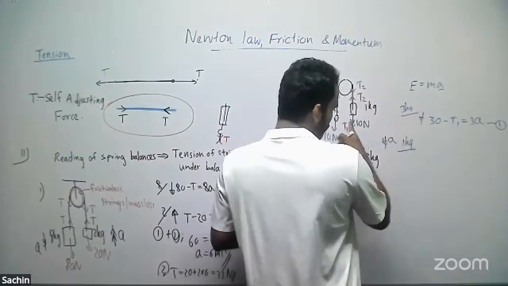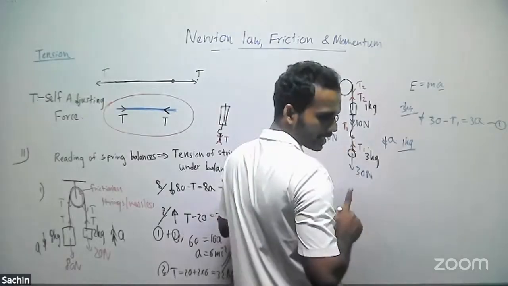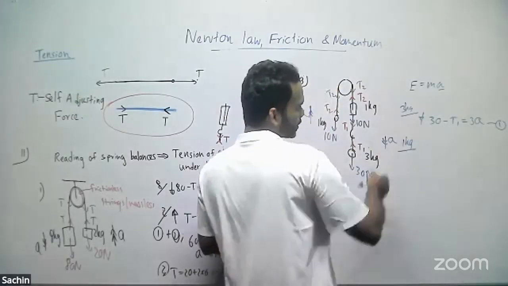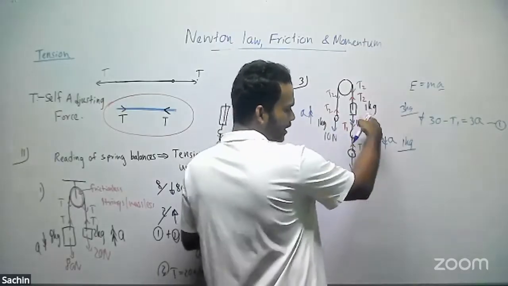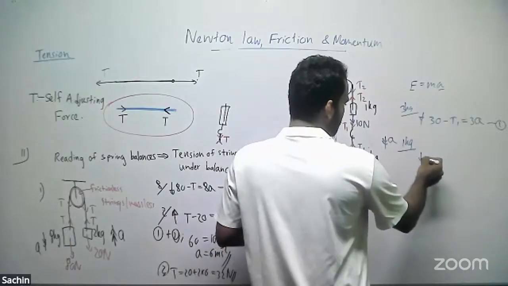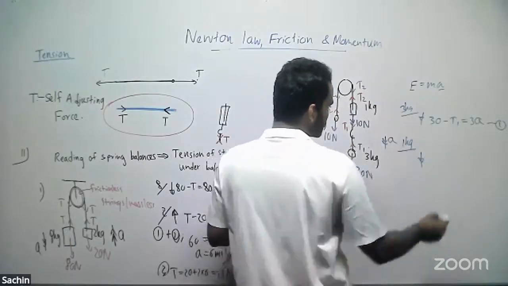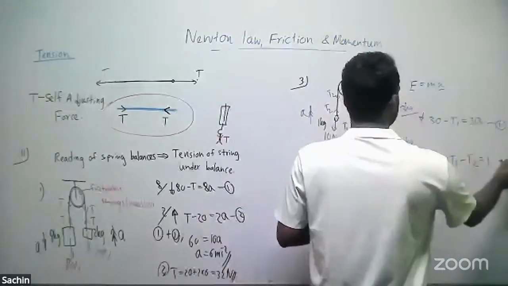So we have to consider the motion of this spring as well. Spring එකට F equal ma දාන්න වෙනවා. So how to do that? So spring එක මත තියෙන forces මොනවාද? T1 එකක් තියෙනවා පල්ලෙහාට. එයාගේ weight එක තියෙනවා and T2 තියෙනවා. So I'm applying the equation in the direction of acceleration, that means downwards. N plus T1 minus T2 is equal to 1a.